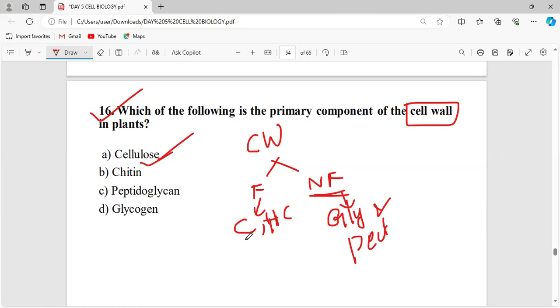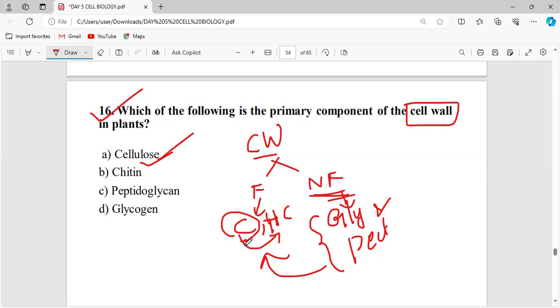Okay, and we know that this cellulose is always cross-linked with the hemicellulose microfibrils and they are tightly packed with this glycoprotein and pectin. See, generally this cell wall is divided into two portions, fibrous and non-fibrous. This fibrous portion is made up of cellulose and hemicellulose, and this non-fibrous portion is made up of glycoprotein and pectin.